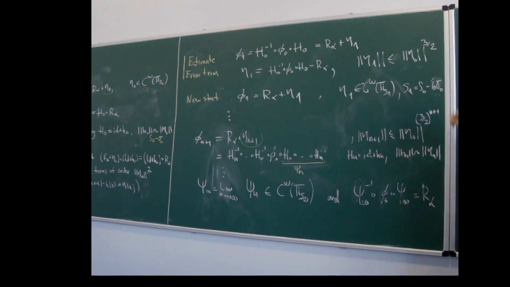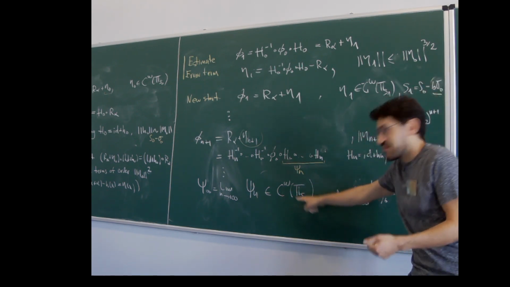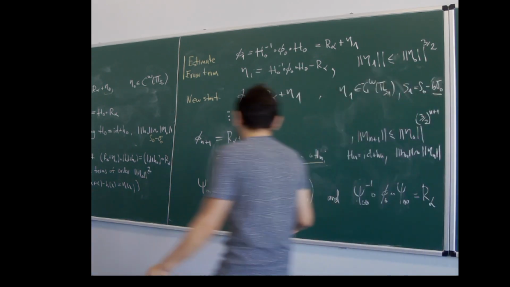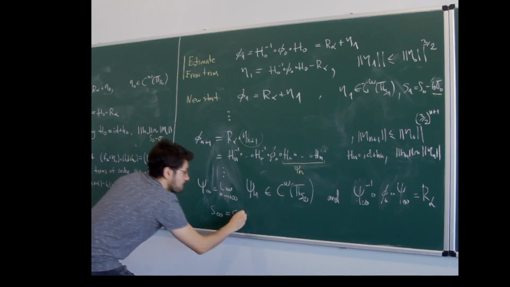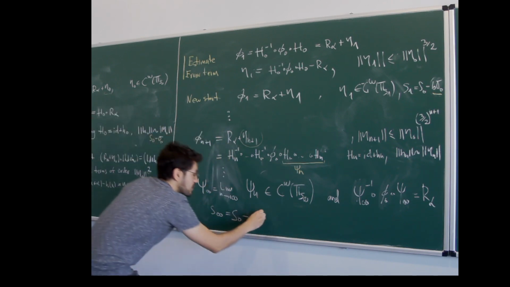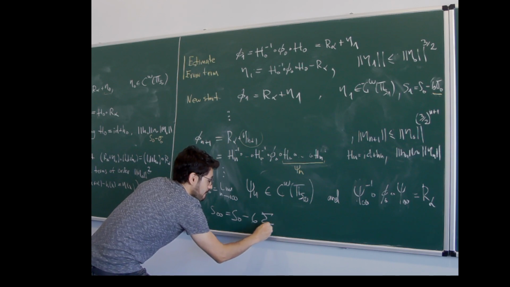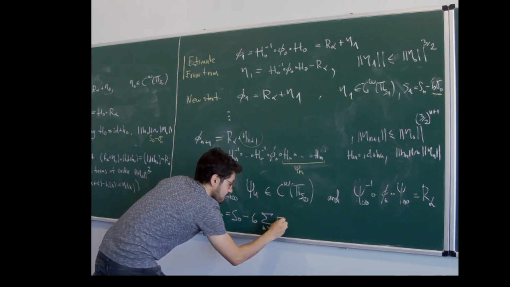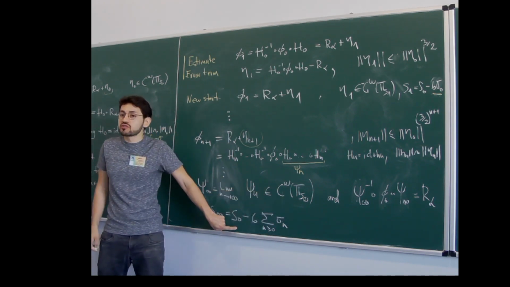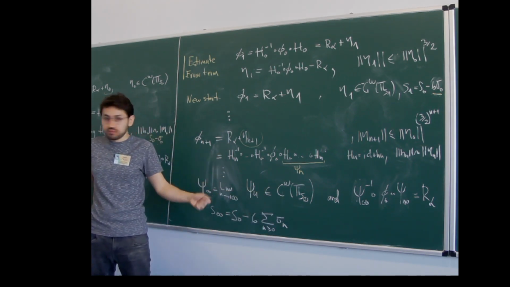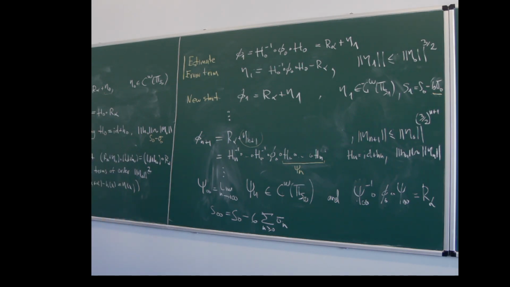This price that you are allowed to pay, you have to choose it properly as well, if you want everything to work out, because I would like to have something that is analytic in some domain. So this S_infinity will be of the form whatever I started with minus, I don't know, a fixed 6 times the price I will pay. It will be something like this. So I will need this to be smaller than whatever I started with if I have some hope.